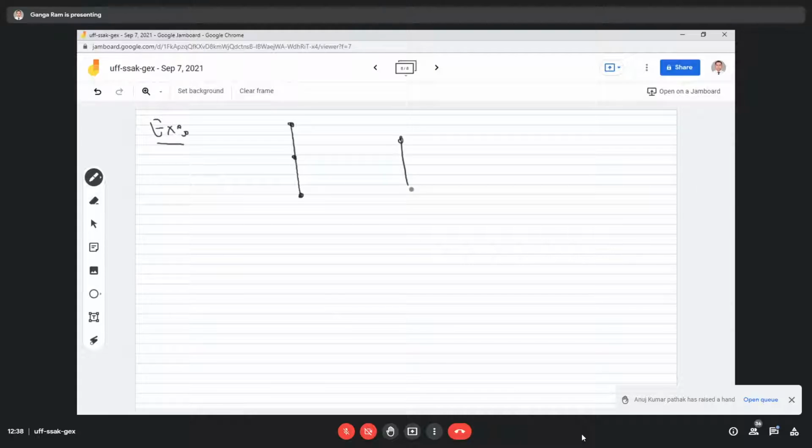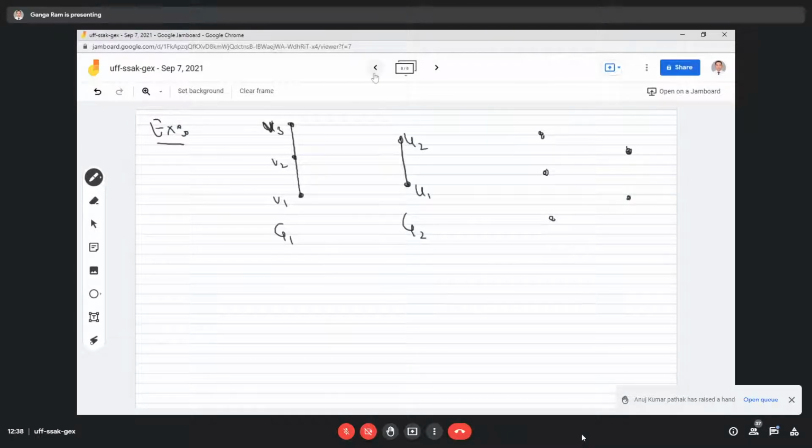And again, I have a graph, this one. This is G1. This is G2. So the number of vertices will be 1, 2, 3. Here, suppose it is V1, V2, V3, U1, U2.